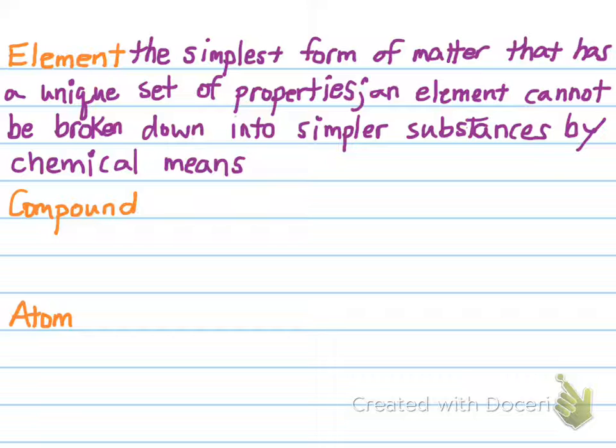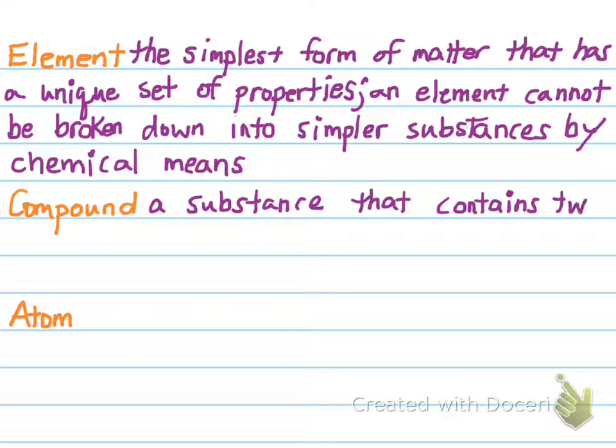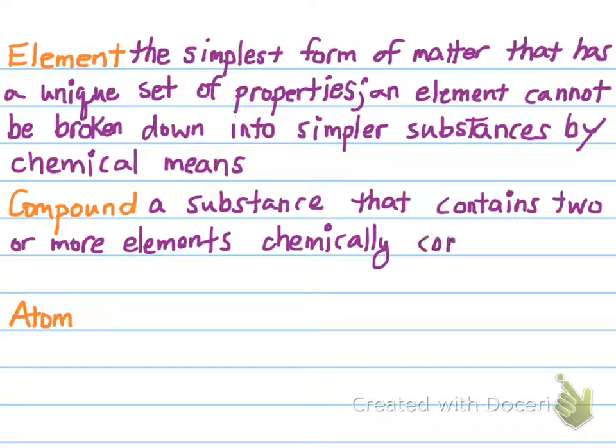Remember, compounds are actually going to be made up of elements. So a compound is a substance that contains two or more elements chemically combined in a fixed proportion.